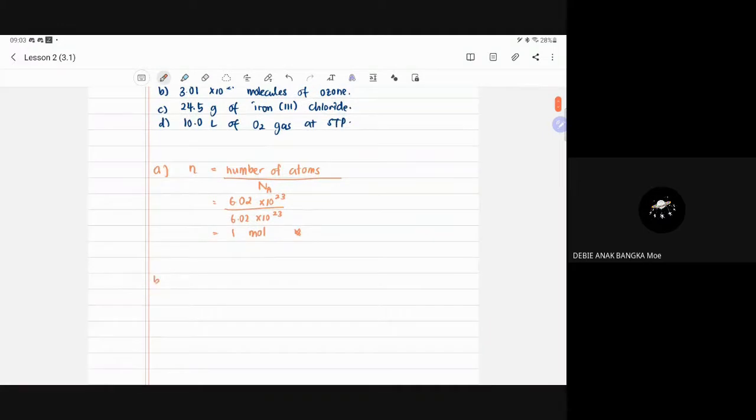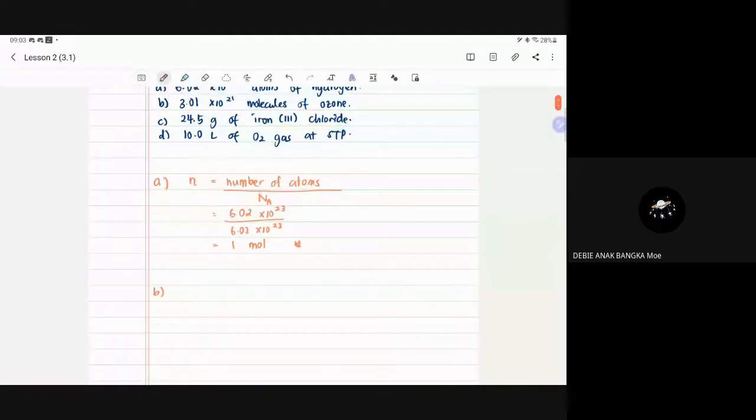Now question B pula. The number of moles of 3.01 times 10 to the power of 21 molecules of ozone. So kita nak cari number of mole dia. N equals to number of molecules divided by Na, and you should get 3.01 times 10 to the power of 21 divided by 6.02 times 10 to the power of 23.